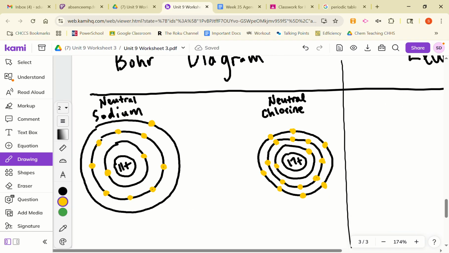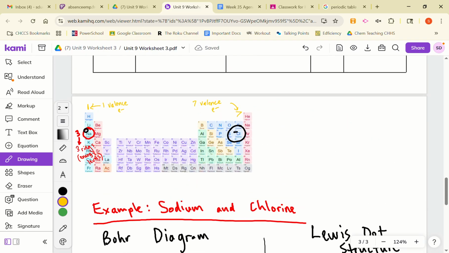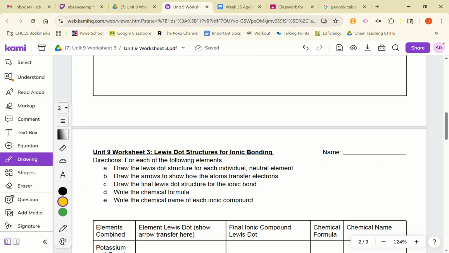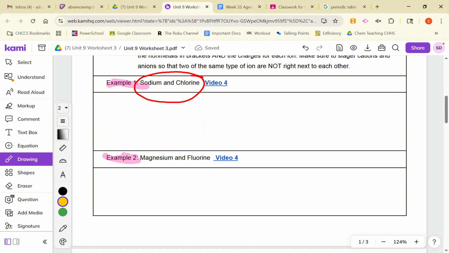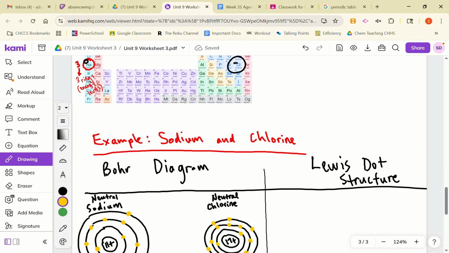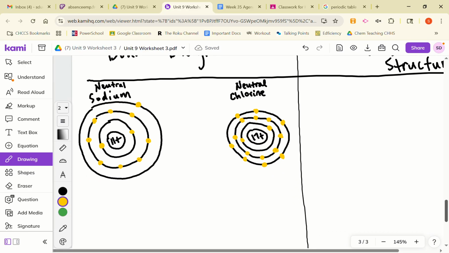Here's neutral chlorine. Now, what it doesn't say up here in the directions is why this bonding is occurring. So what I want you to do is write down, I'm going to write this down because it's probably the most important thing.